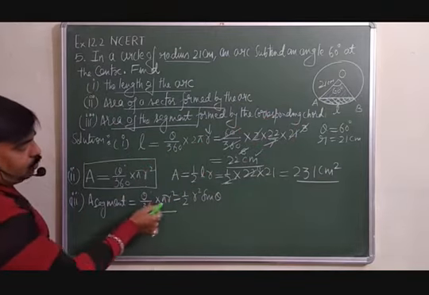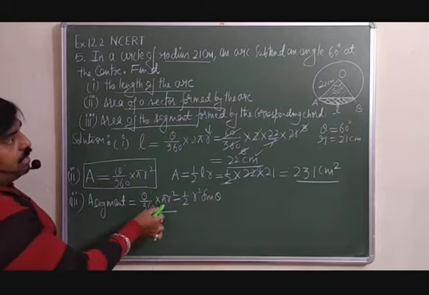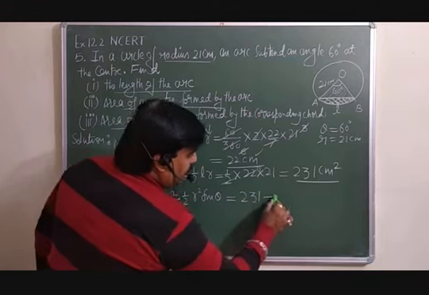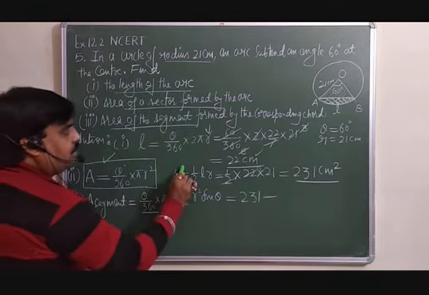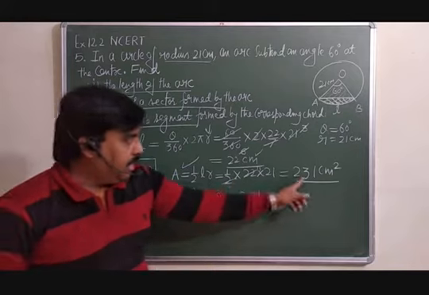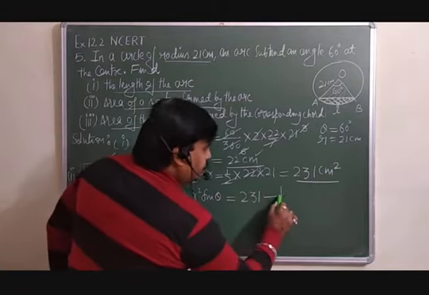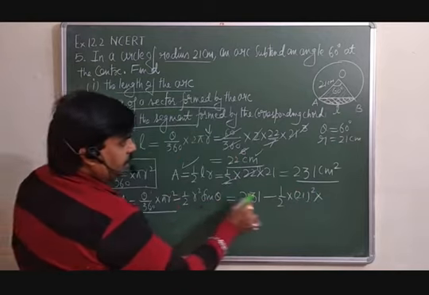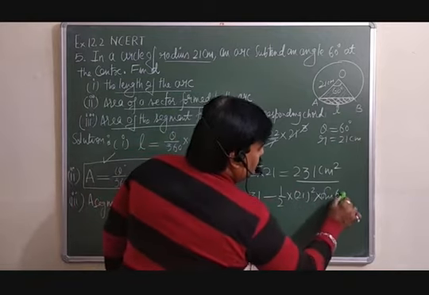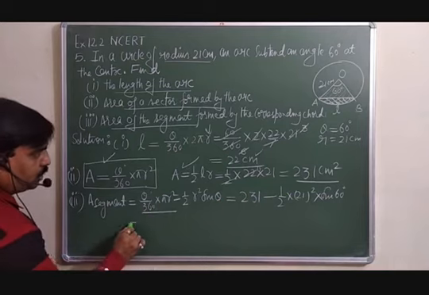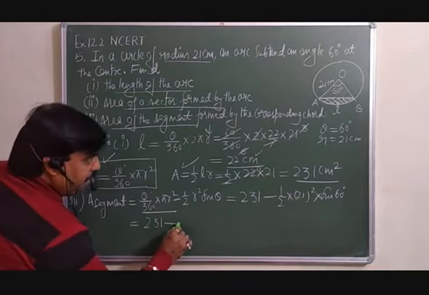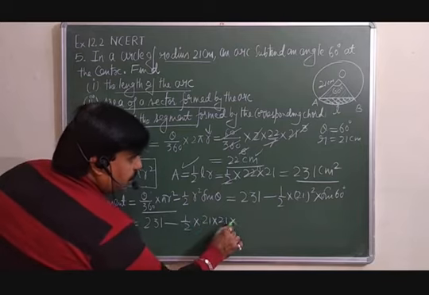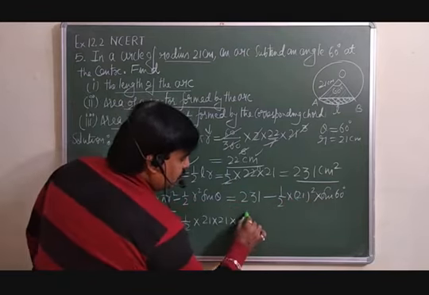Theta over 360 into pi r square is the area of the sector, which we already calculated, so directly you can write 231 minus, because we calculated it here already. And 1/2 r square is 21 whole square into sine of theta, which is 60 degrees. So this is equal to 231 minus 1/2 into 21 into 21 into root 3 over 2.